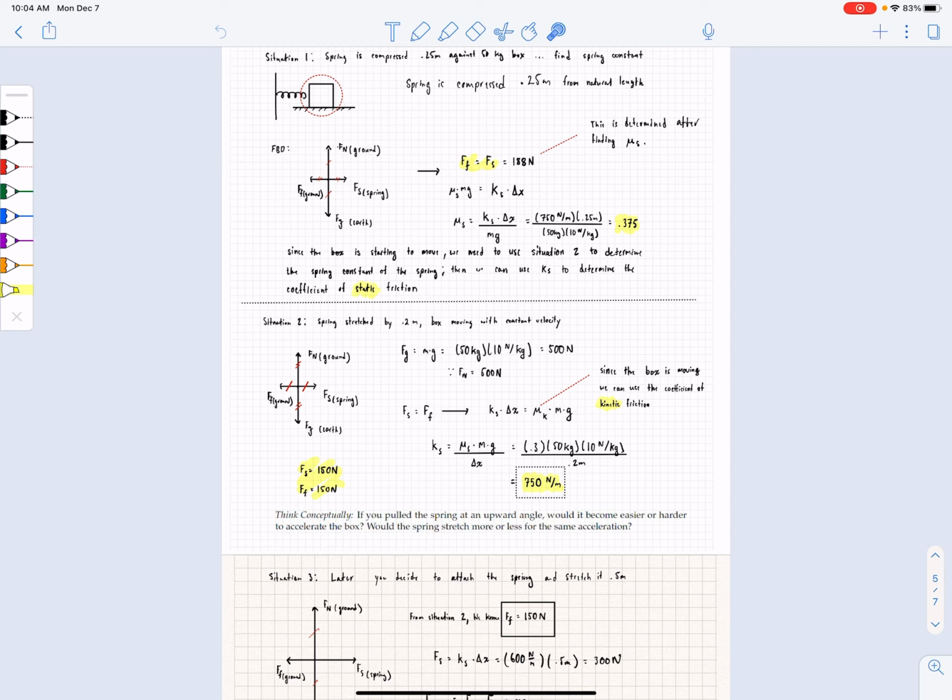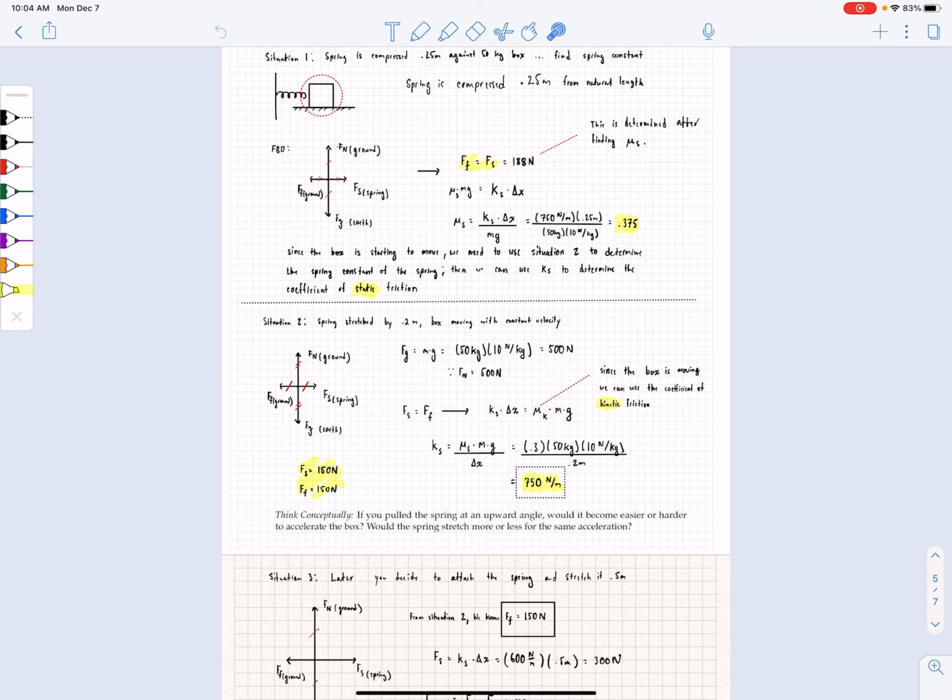We have the spring exerting a force on the box, and we have the force of friction resisting the motion of the box. We have the normal force that the ground exerts, and we have the force of gravity.